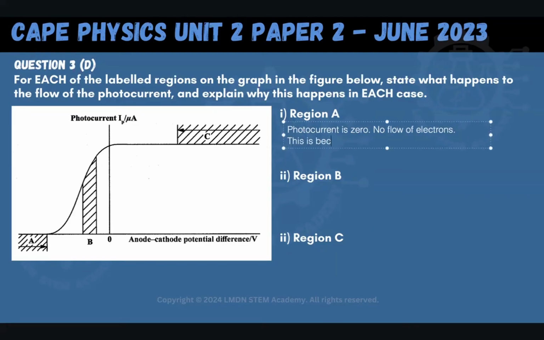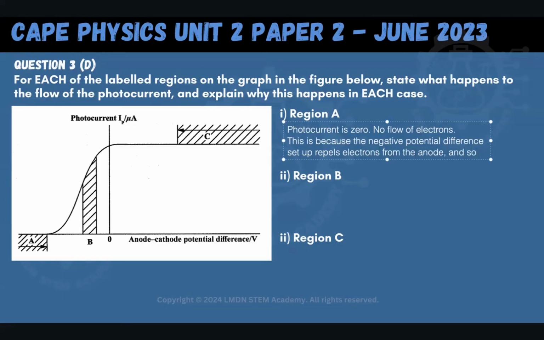This is because the negative potential difference, we said that earlier, that there's a negative potential difference set up, repels electrons from the anode.